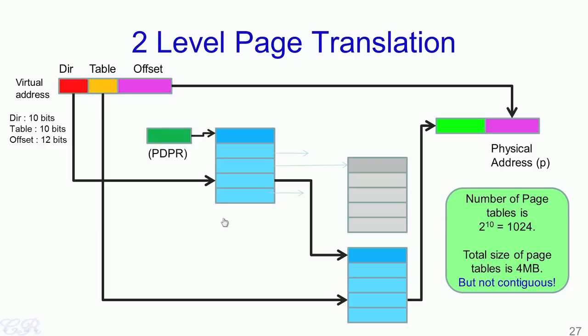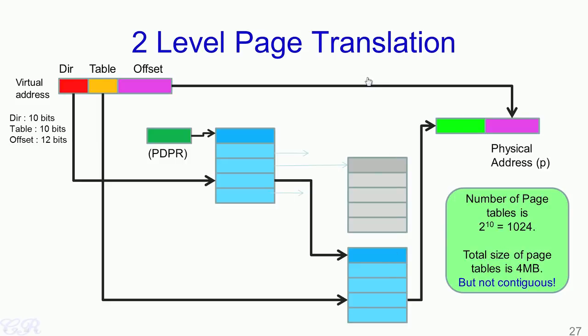Thus, the page directory is of 4 kilobytes having 1024 entries or 2 power 10 entries. Since each entry points to a different table, we can have at most 2 power 10 different page tables. Each entry in the directory would point to a different page table.